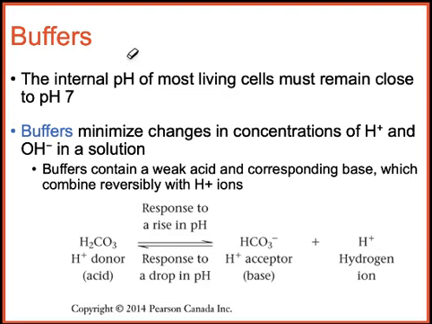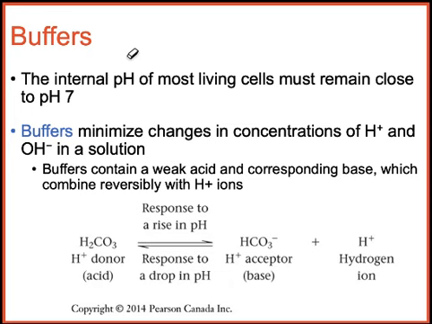Buffers will minimize changes in the concentration of hydrogen, H plus, the proton, and OH minus. Buffers contain a weak acid and a corresponding base, which combine reversibly with H plus ions.